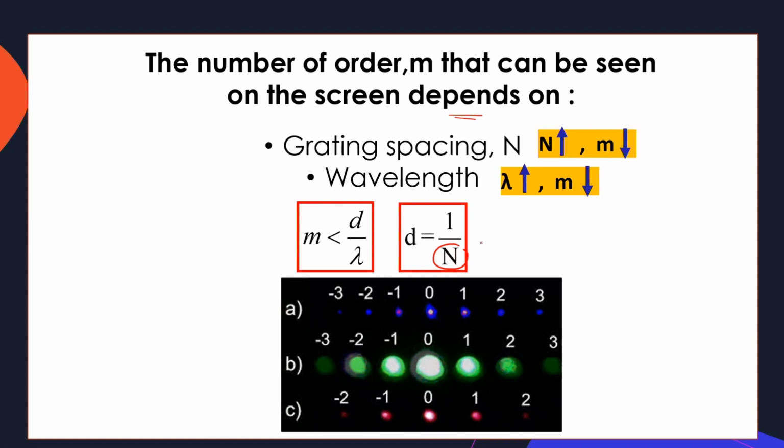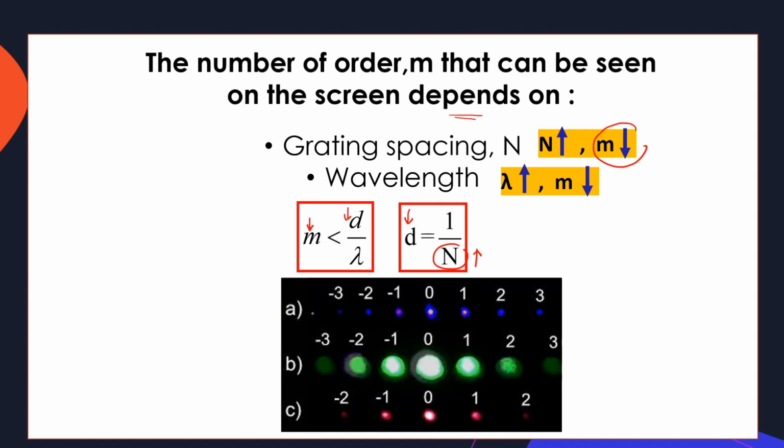If N is bigger, what happens to the order number that we can observe on the screen? It becomes smaller, because when N is bigger, d becomes smaller, and when d becomes smaller, m will become smaller.